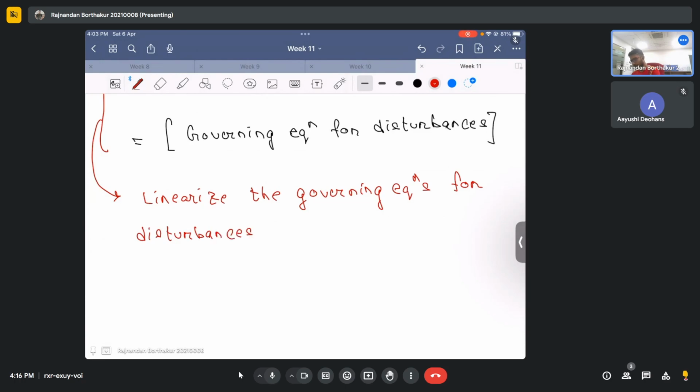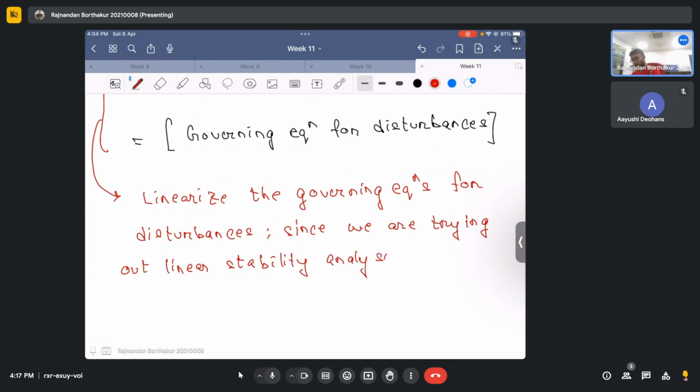Why are we doing it? Since we are trying out linear stability analysis.